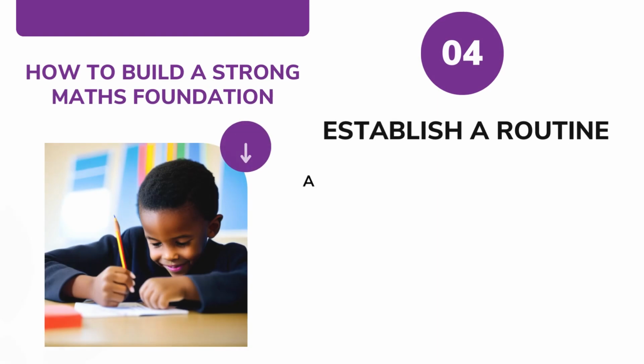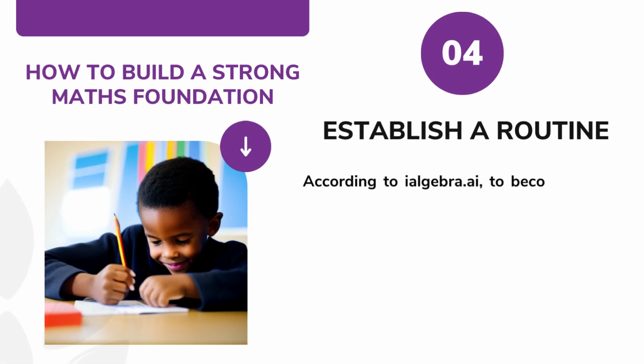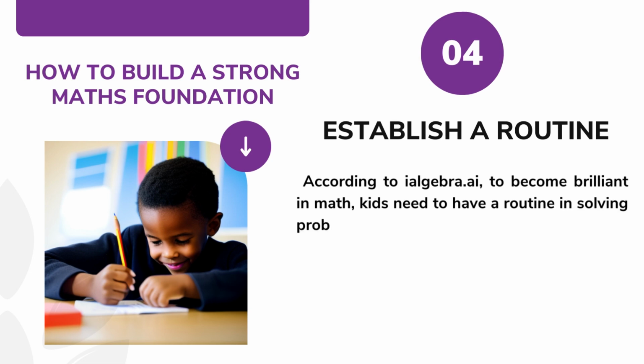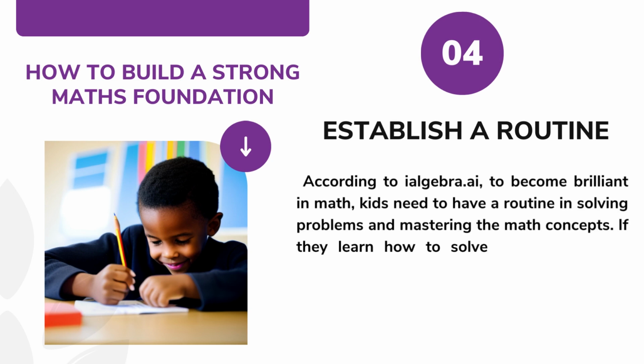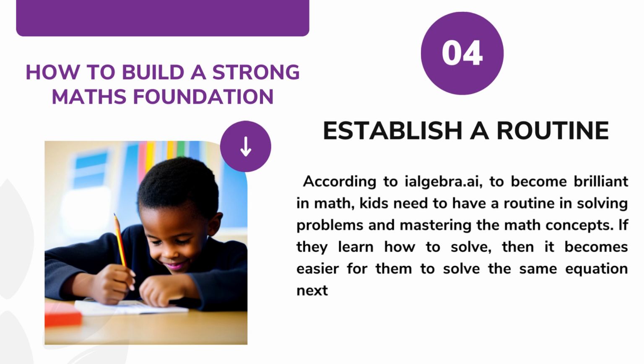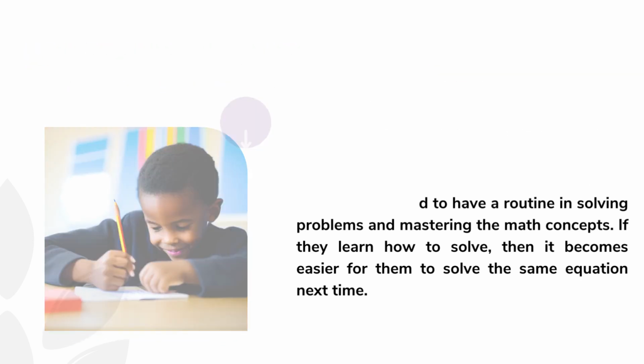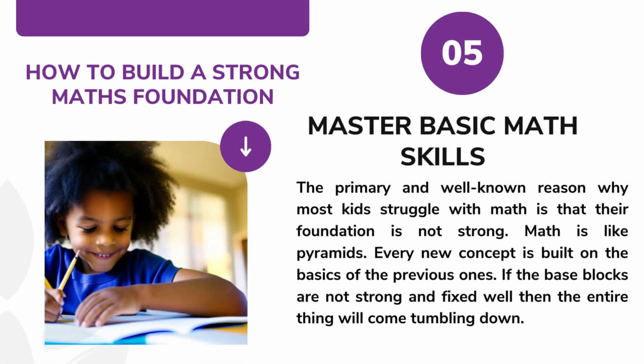Four, establish a routine. According to ialgebra.ai, they say to become brilliant in maths, children need a routine in solving problems and mastering the concept. Remember, we talked about practice regularly. Look at it here again. Master basic math skills. Maths is like a pyramid.